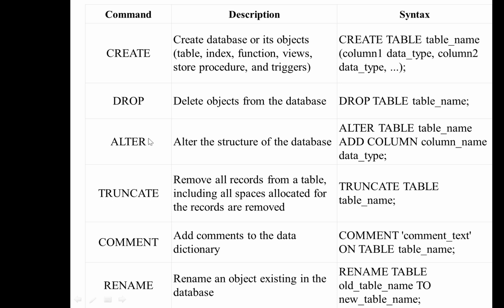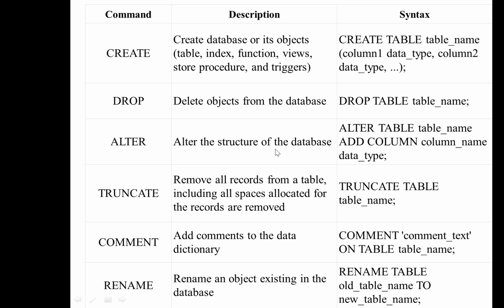The next one is the alter command. By using this alter command, we can alter the structure of the database. As you know already, in the database we have created a table. By using this table we can alter the structure. If you want to alter the table, there are 4 operations we can do by using the alter command.